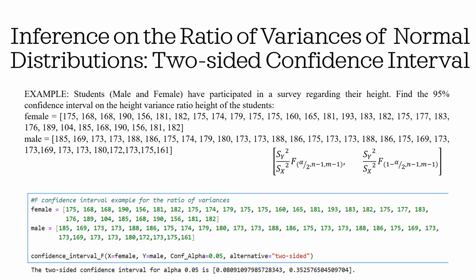To do so, we need to load the confidence interval f function and pass the required arguments. The backend of the said function will calculate the sample variances and retrieve F coefficients to report the lower and upper bounds of the 95% confidence interval as 0.08 and 0.35, respectively.